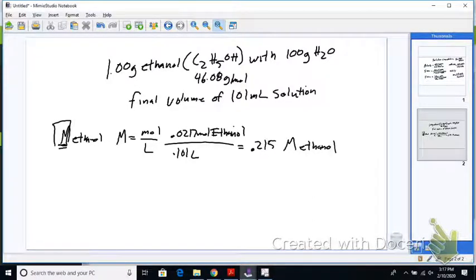Okay. Next thing we're going to have you find is the mass percent. Find the mass percent of ethanol. Mass percent is mass of solute, which is the ethanol, over the total mass times 100.